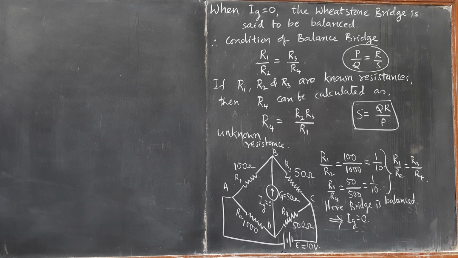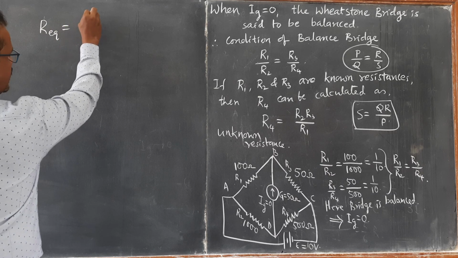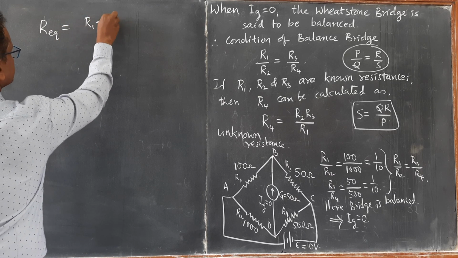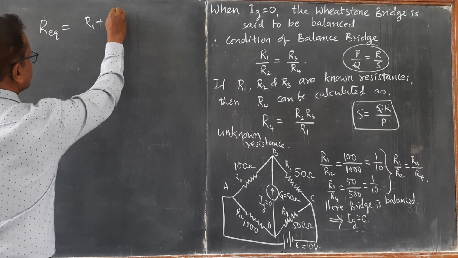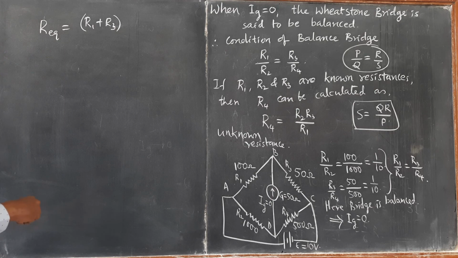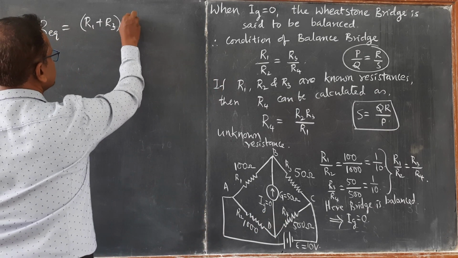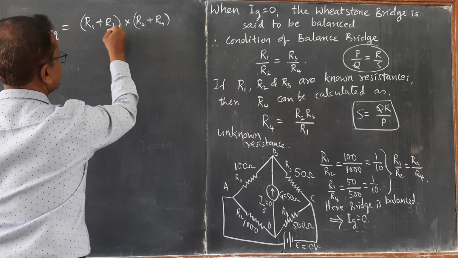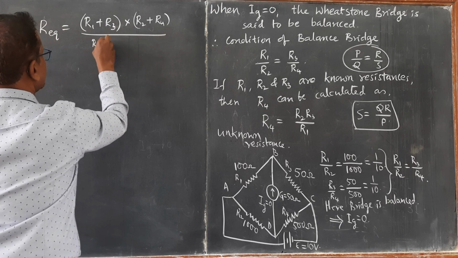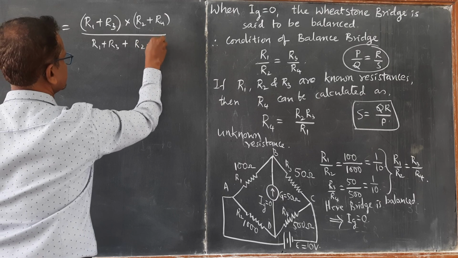Equivalent resistance can be now calculated as R equivalent is equal to R1 plus R3 and R2 plus R4, they are in parallel, divided by R1 plus R3 plus R2 plus R4.